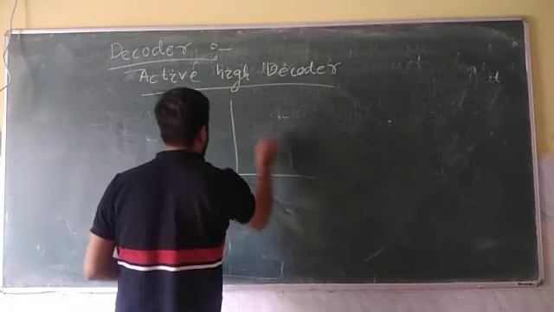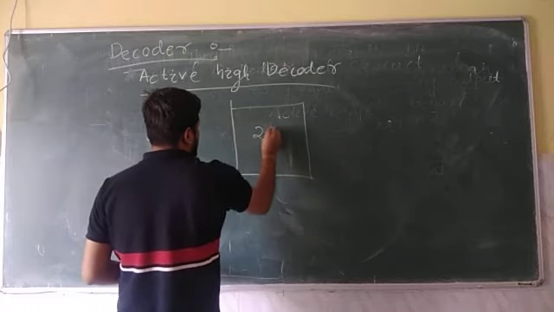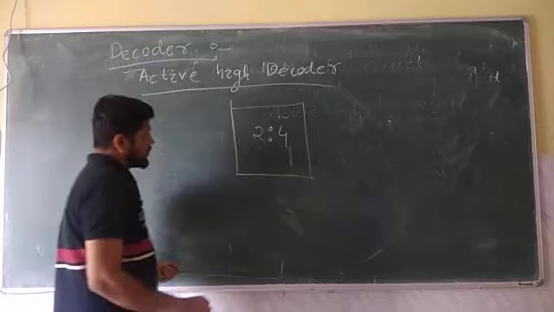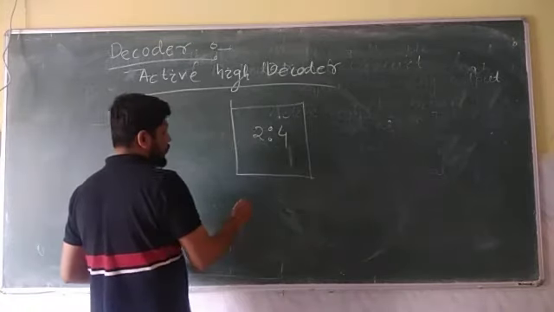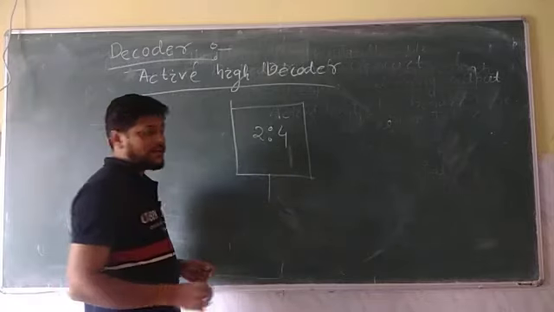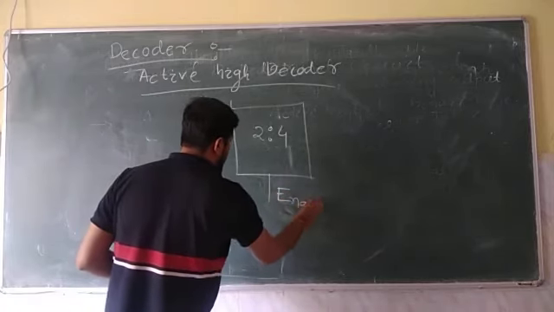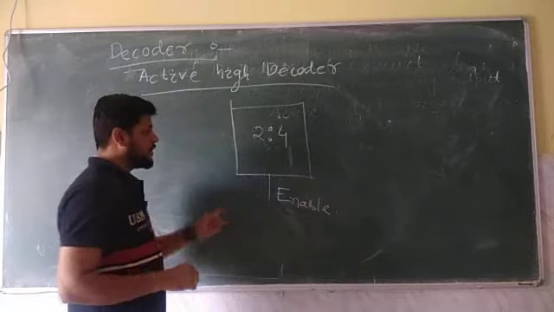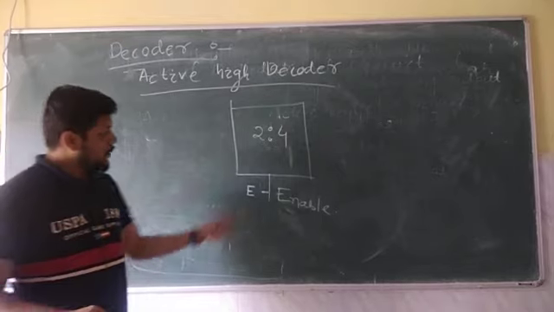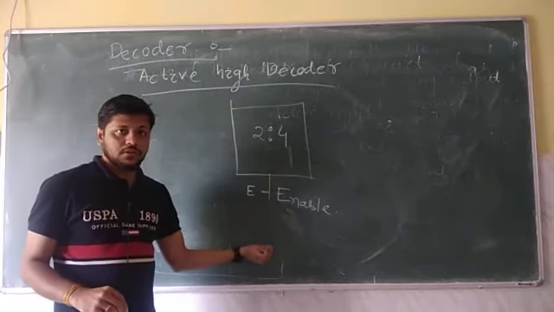Suppose we are going to design a 2:4 decoder. In place of a selection line, we will have one enable line. This is your E, which stands for enable. Because this is an IC chip, we need an enable.